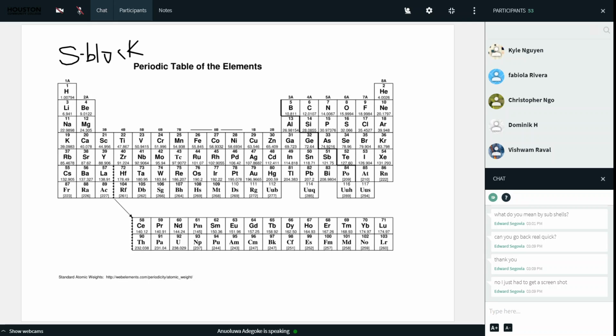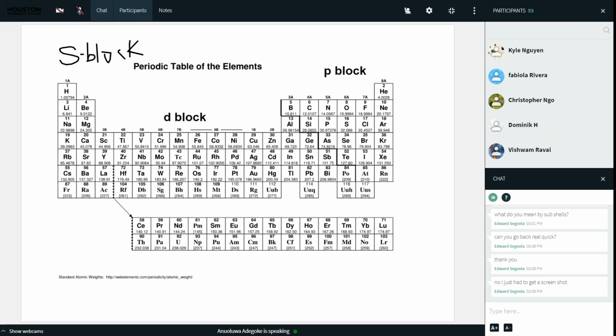This middle, the transition elements, is called the D block, and I'm going to explain exactly why. Let me finish writing this first. This right here is called the P block. You can label yours if you have it. And this right here is called the F block.